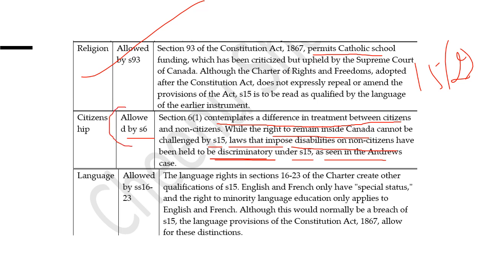So there are a few things like the right to vote that are protected by section 6(1), but any law that is imposing some kind of disability, some kind of disadvantage on non-citizens, is not justified, and we already saw this in Andrews' case. Then language. A few language rights are also protected under sections 16 to 23 of the Charter, which create other qualifications of section 15, like English and French having special status, and the right to minority language education applying only to English and French.